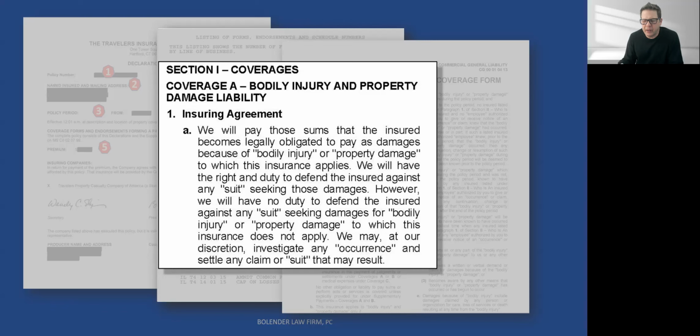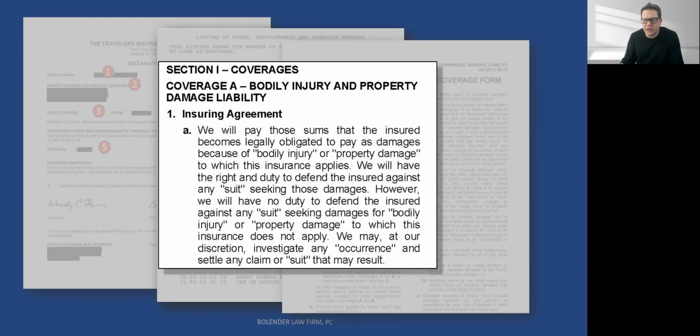Once you find the coverage form, head straight to the insuring agreement, which is where you will find the insurance company's expression of its promise to extend insurance protection if an insured event takes place. Now, the way modern insurance products are structured is that underwriters draft a broad insuring agreement that embraces an entire class of insurable risk.